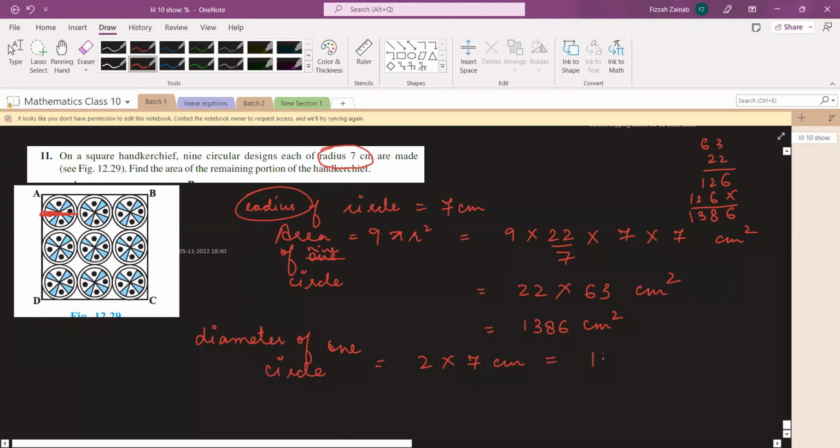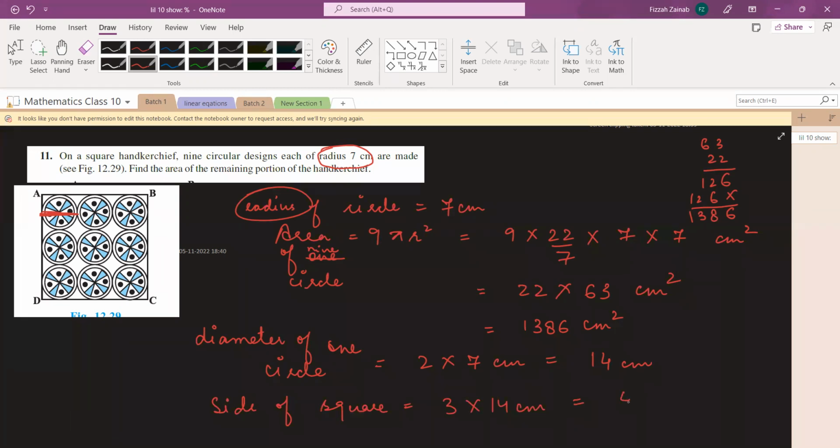So that will be 14 centimeter. Is that clear? Yeah, ma'am. Okay, so we can say side of square will be 3 into diameter. So this will be 42 centimeter. Clear?